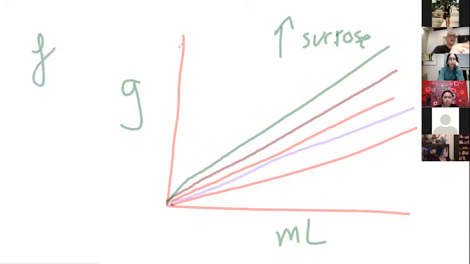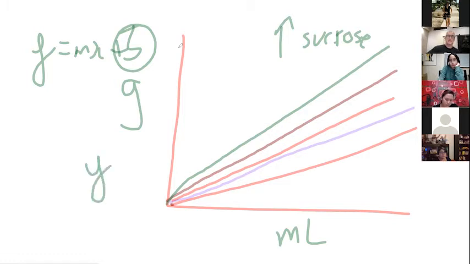So when we do y equals mx plus b, b is the y-intercept, what the value of y is when x is 0. So when the volume is 0, what should the mass be?